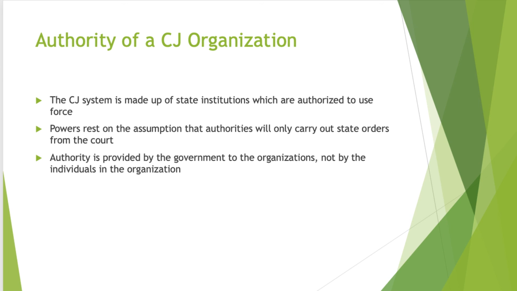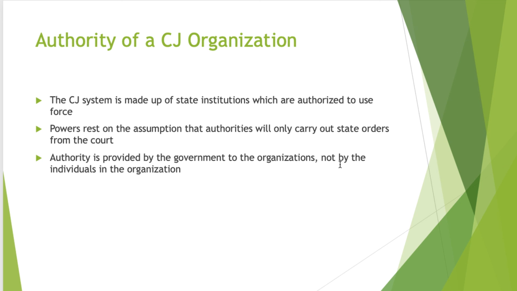So that's the issue with the power and authority here: are we always carrying out state orders, or is there some other party involved that influences that order, like quotas and stuff like that. So that's that idea.